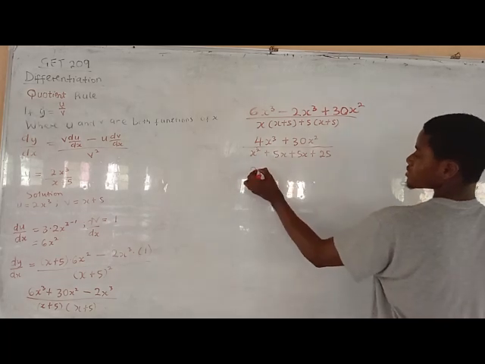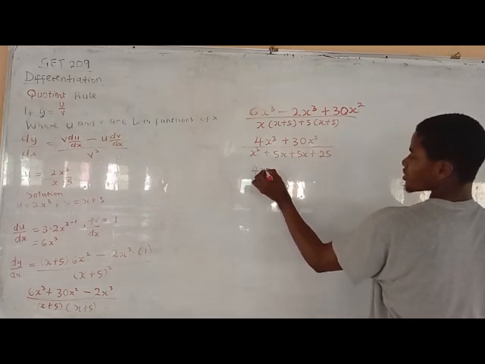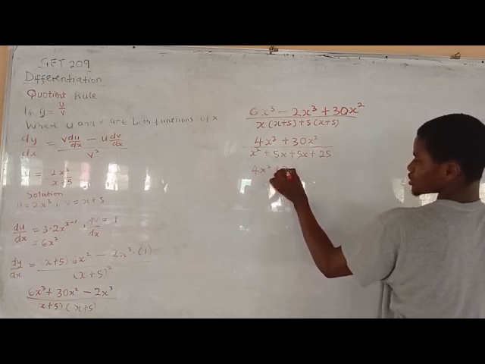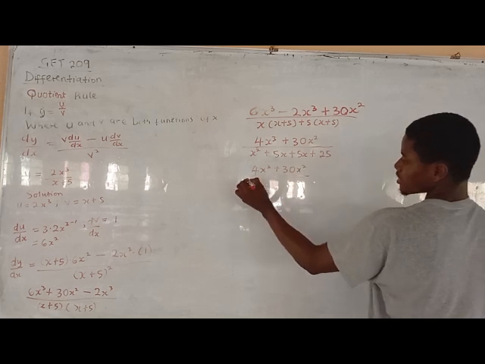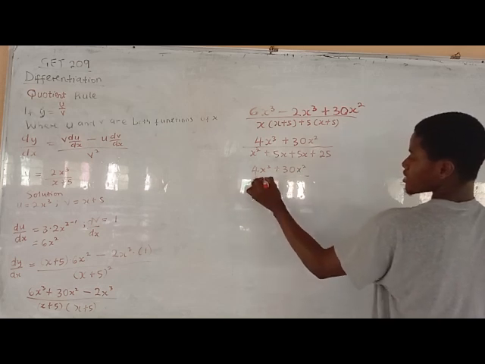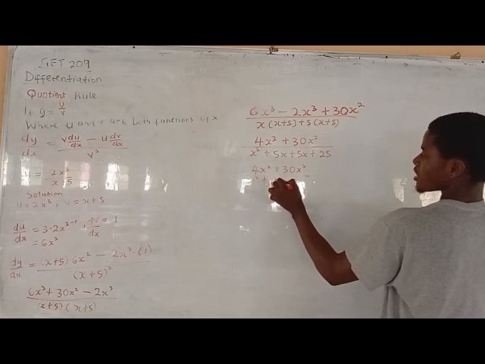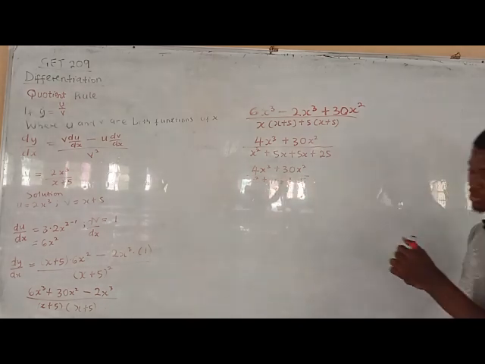So this becomes 4x cubed plus 30x squared divided by x squared plus 10x plus 25. That's your final answer.